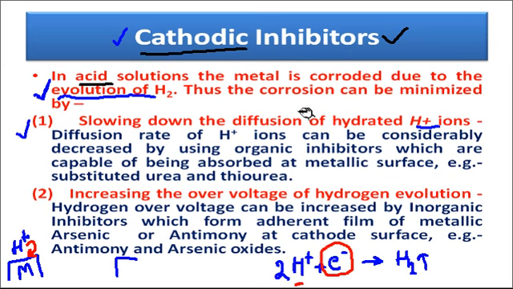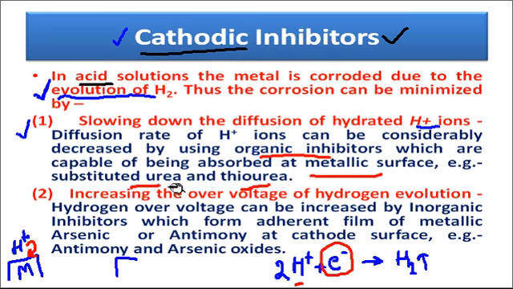So how can we minimize the diffusion of H plus ion onto the metal surface? To minimize this diffusion, we use organic inhibitors. These organic inhibitors are capable of being adsorbed at the metallic surface. Examples are substituted urea and thiourea.